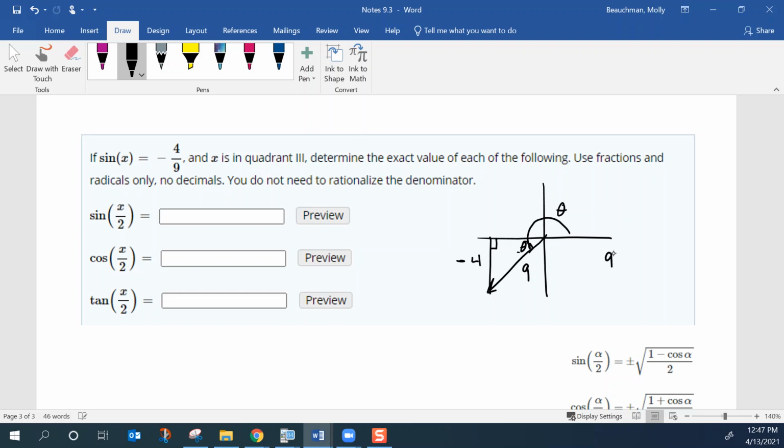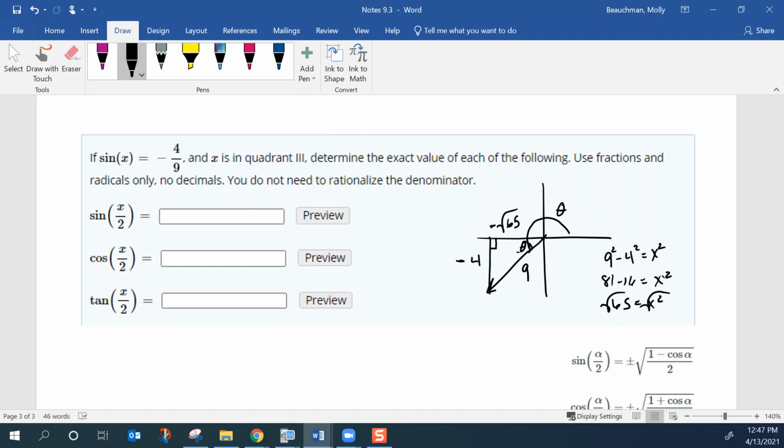We get 9 squared minus 4 squared is equal to x squared. 81 minus 16 is 65. Square root both sides. So we have this length as negative square root of 65.